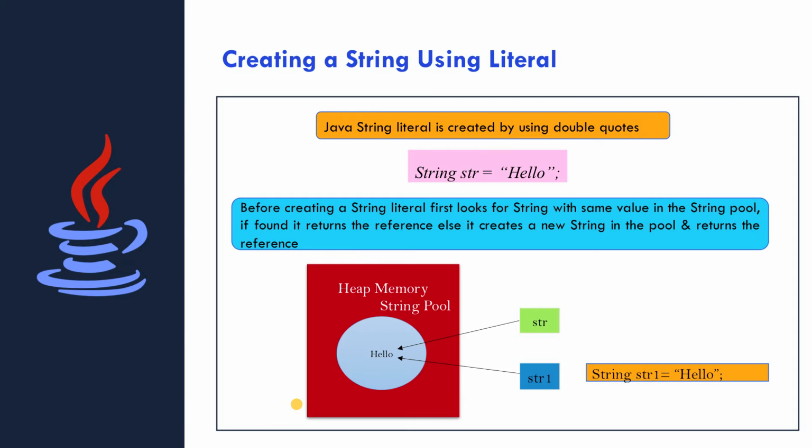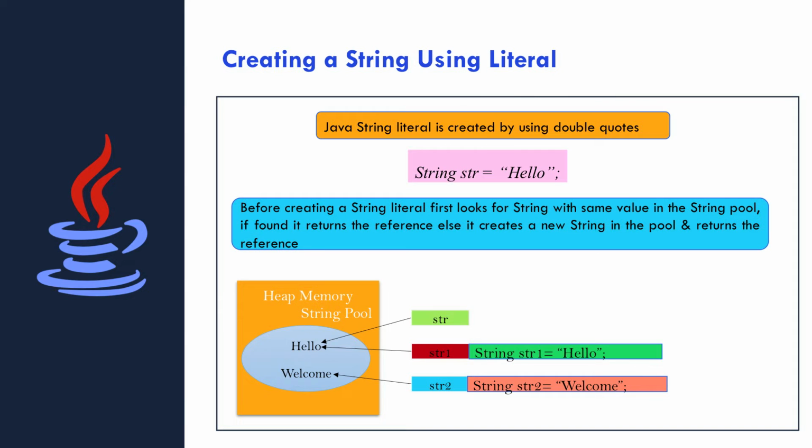For example, if I write String str1 = "hello", it means that str1 also points to the same String. So literals are created once. In the same way, when I say String str2 = "welcome", welcome is not there in the string pool, so a new String welcome will be created to which str2 will point.